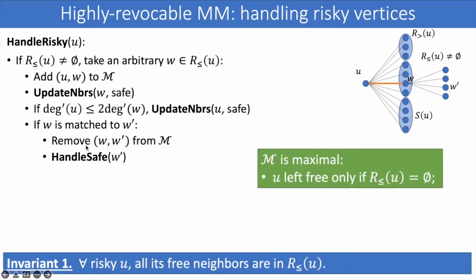To argue the correctness of this procedure, we recall that U is left free only if the set R at most U is empty. And from invariant 1, it follows that U does not have any free neighbors, which means that the matching is maximal.